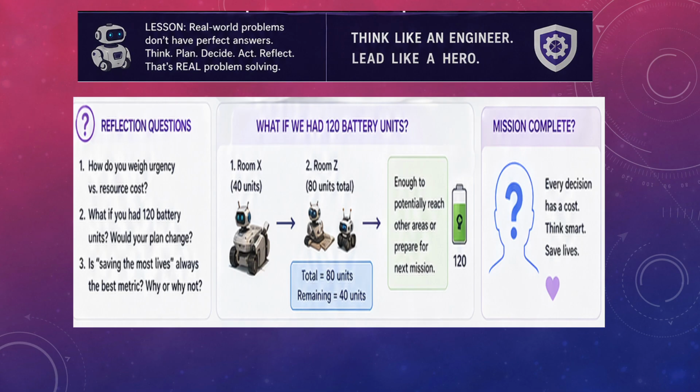Why or why not? Because there are constraints and we need to understand them and stop there. Every decision that we take has a cost, hence we need to think smart and save lives.